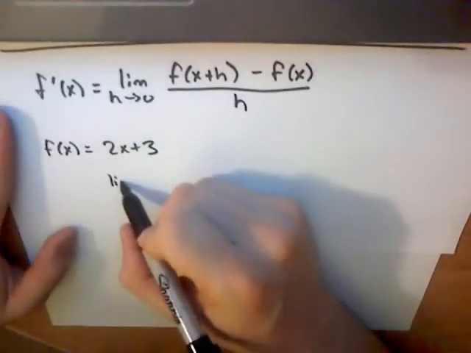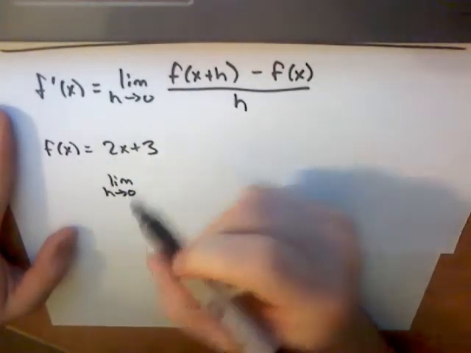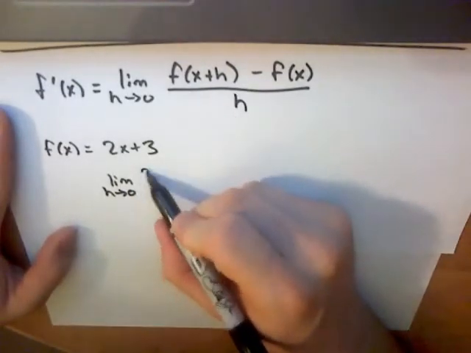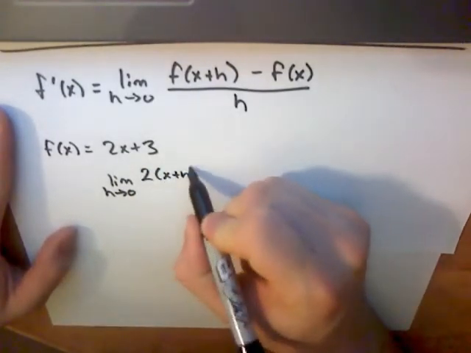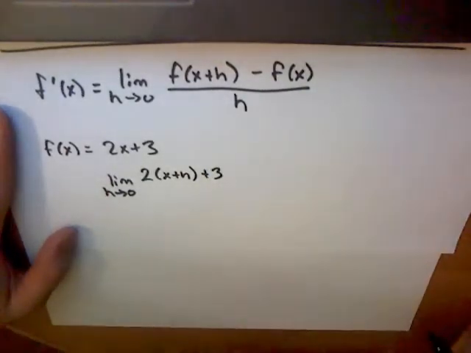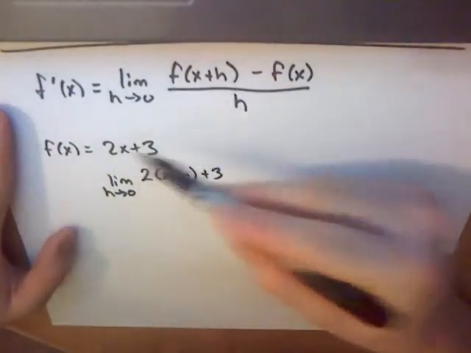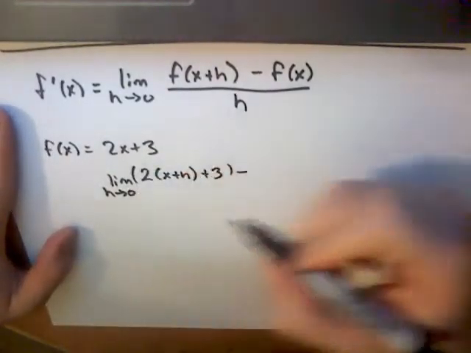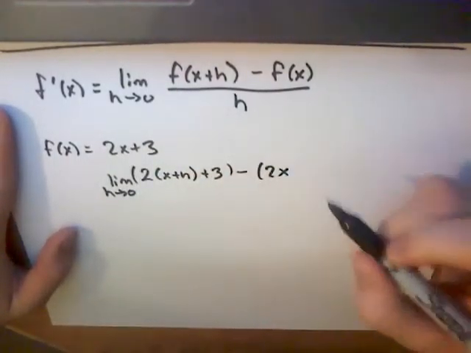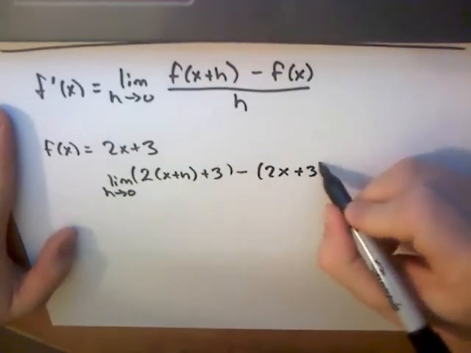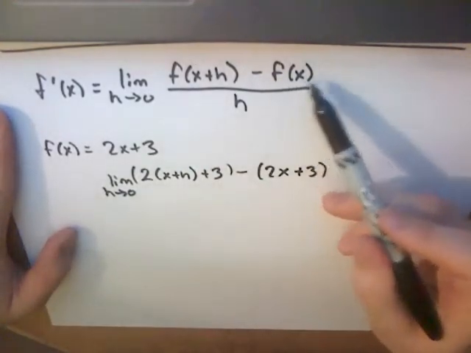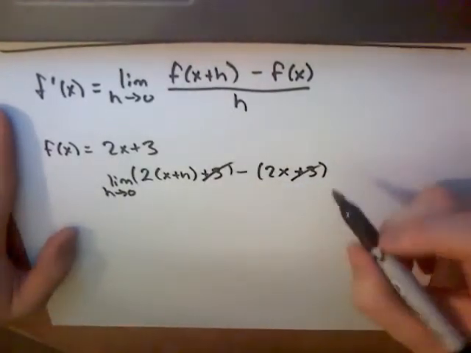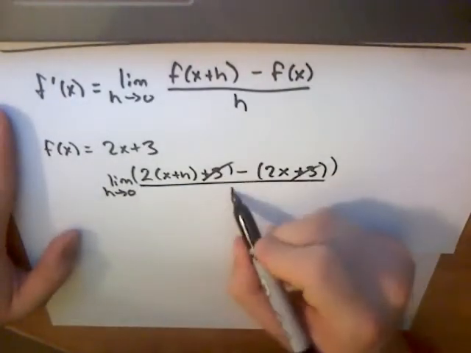Alright, so the limit as h goes to 0 of f of x plus h is 2(x plus h) plus 3. We just plug x plus h into our function, and we subtract 2x plus 3. That's just our function evaluated at x. We notice that the 3's cancel. We're dividing by h here.